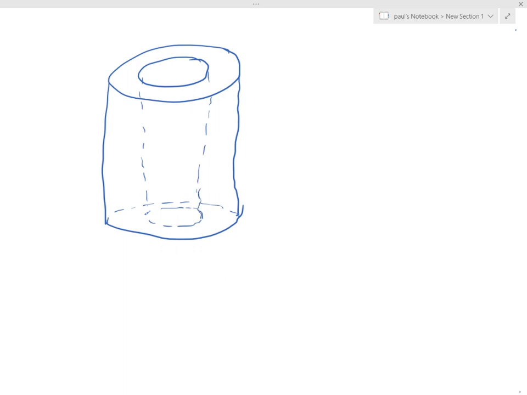Yeah, another cylinder. So we've got a sort of ring type shape. Imagine you had a tube of steel or something, and there's a hole in the middle. There's the top, and so we've got a big cylinder with a hole in the middle. We want to find out the volume of the shape minus the hole, of course.